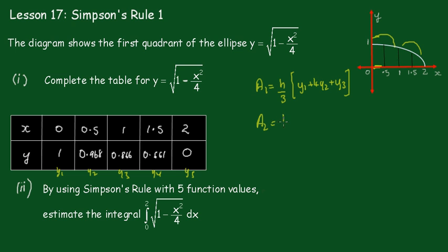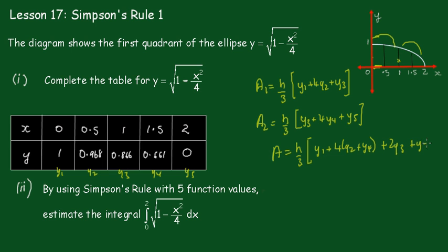So A2 would be h over 3 into, this time we're starting here, that was y1, y2, that's y3, so it's y3 plus 4 times y4 plus the last one, y5. So the total area, we take the h on 3 out, and we'll have y1 plus 4 of these, 4 times y2 plus y4, plus 2 of these, 2 times y3, plus y5.